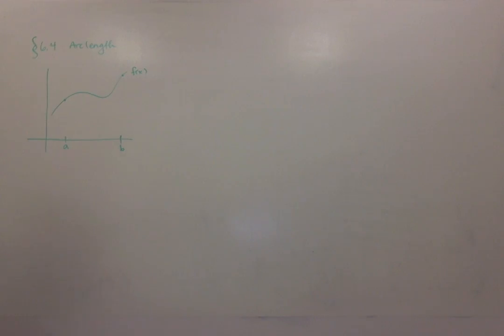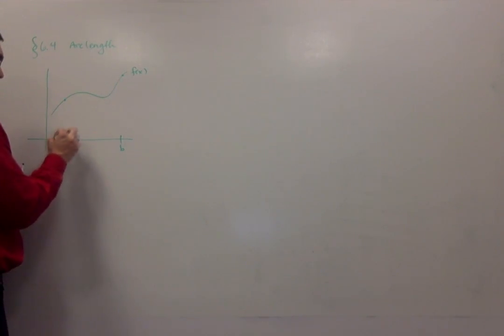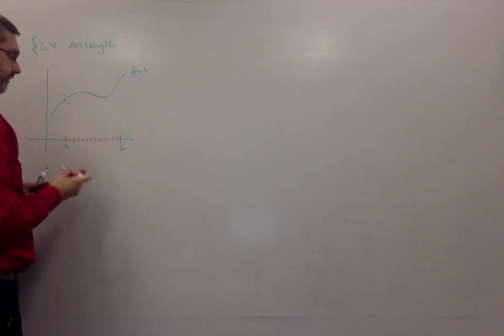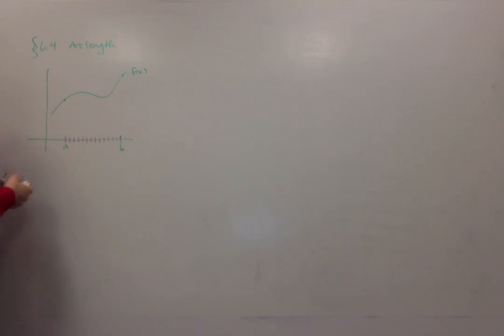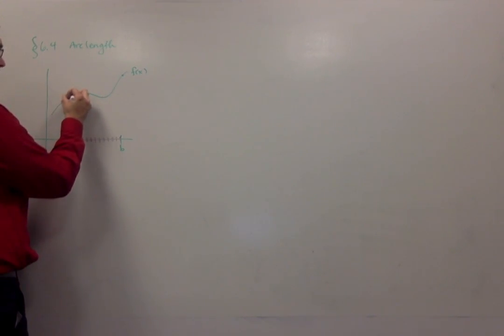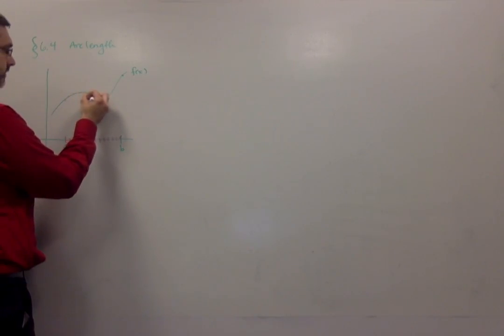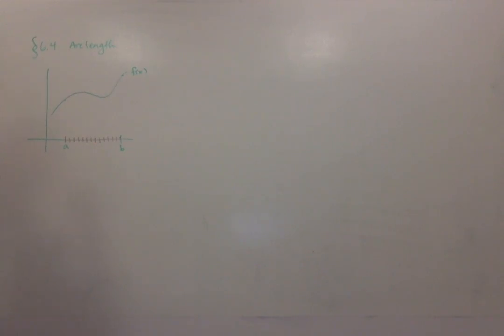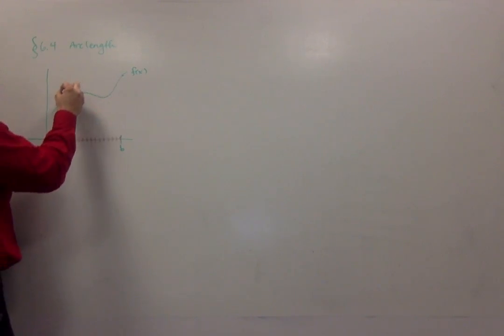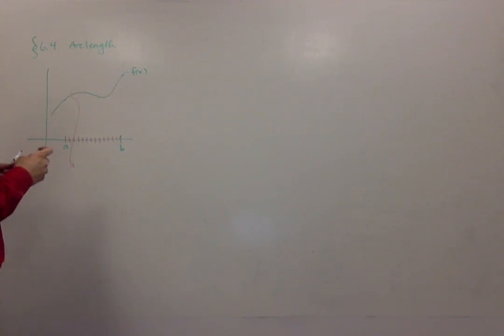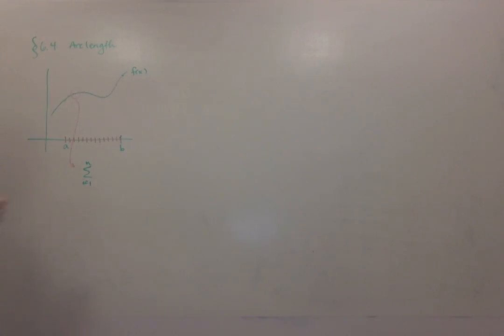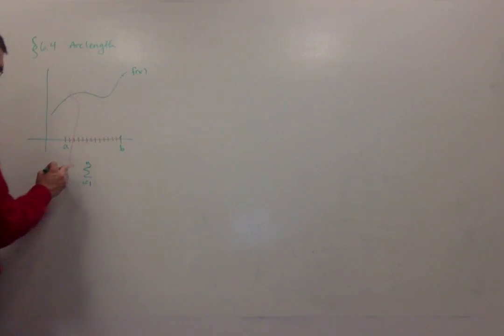So what we're going to do, just like we did before with area, is cut this region up into a bunch of pieces. You can imagine cutting this function. We've got a bunch of points here. And then if we zoom in, we're going to take a sum of the lengths of these.